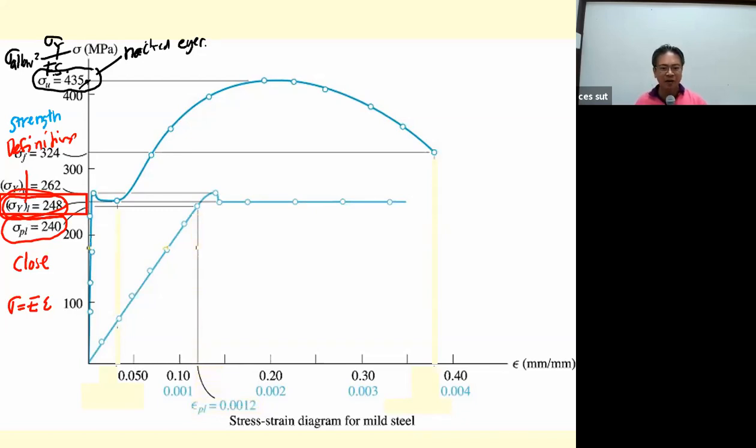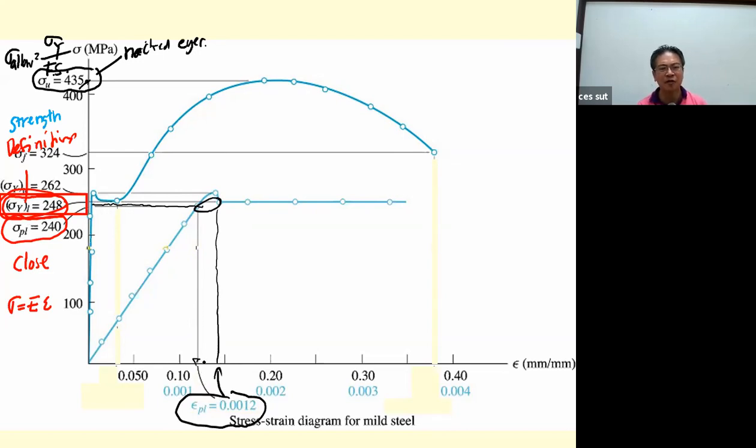And one more important thing, I should note that at the point of proportional limit, which is close to the point of the lower yielding, the strain at this point is about 0.0012 to about 0.0014.